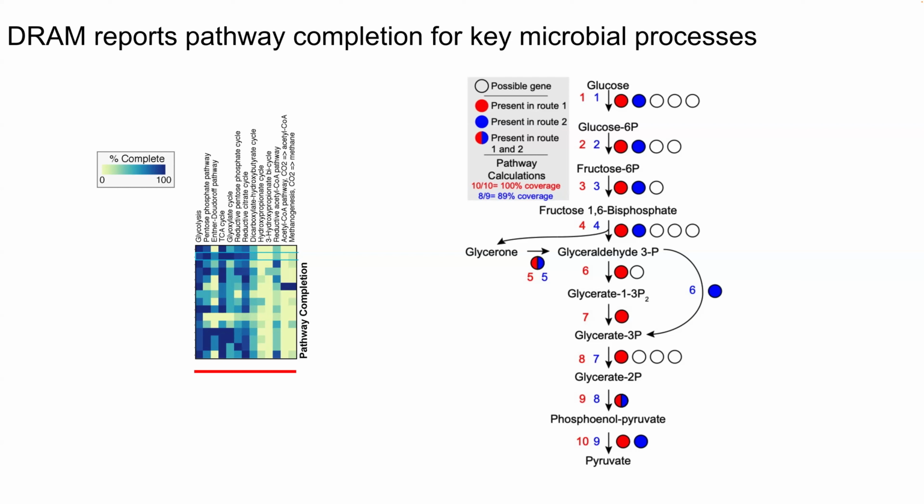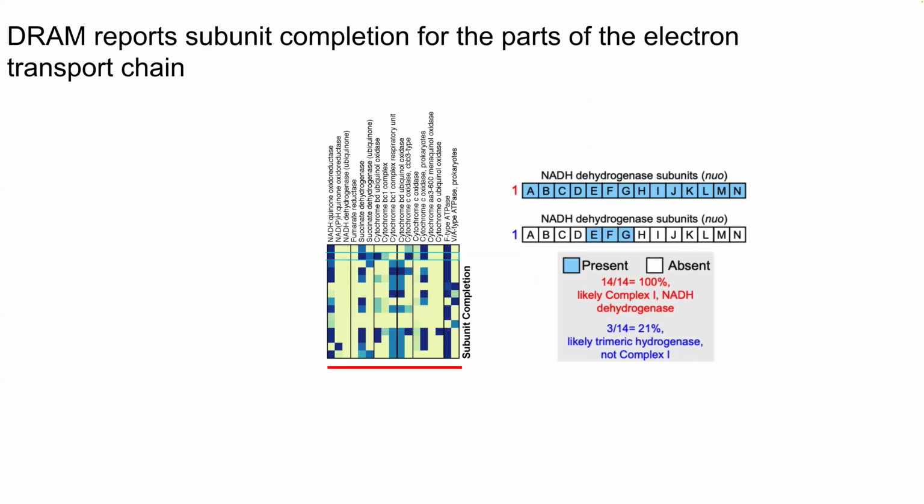DRAM is going to basically look at all variations of those pathways. It's going to figure out what percentage of every variation your genome encodes, and then whichever is higher, it's going to report back in this heat map. Is that okay with everyone? Perfect. So the first thing, DRAM is going to tell you what percent of that pathway your genome encodes.